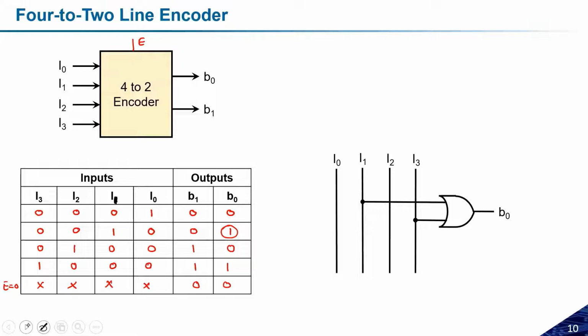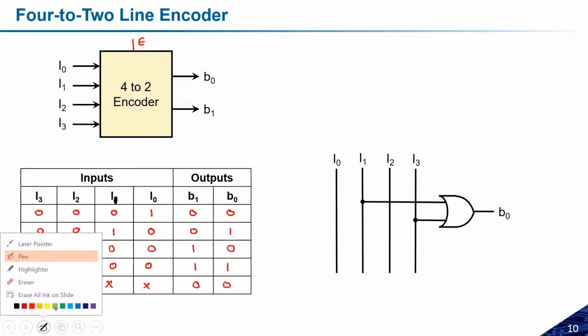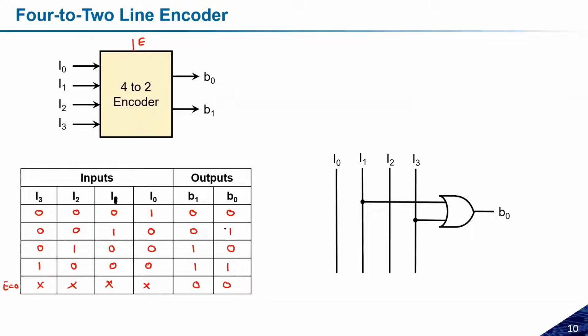Now I need to see B0 is equal to 1 if, and that depends on two things. Let me take this table. This is 1 and this is 1. In two cases, if you see here, if I'm talking about B0, I'm getting high 2 times.